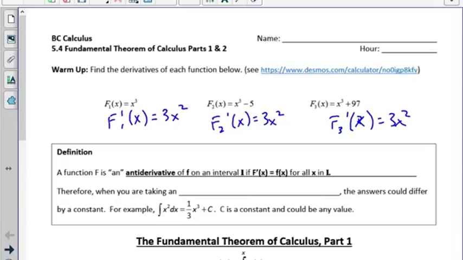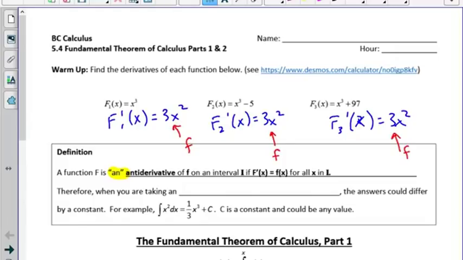Okay, so a couple of things that are important in terms of definitions. Notice we say an antiderivative. The reason we say that is because there are technically infinitely many antiderivatives of any function. So if we have a function lowercase f, basically all of these we would call lowercase f.